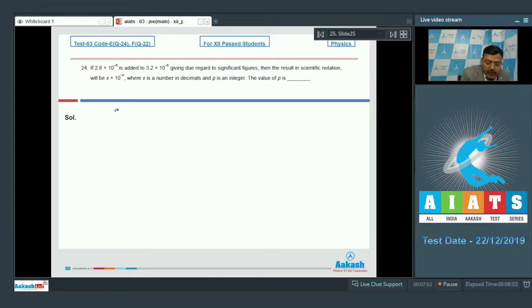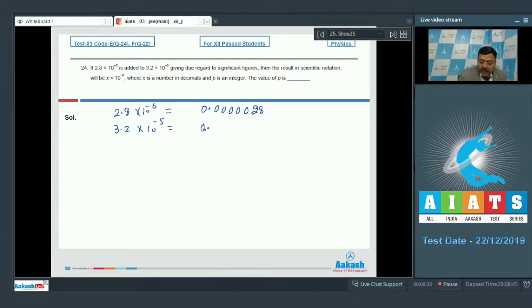So using that, let's convert both the figures in decimals straight away, and if we do that, then we can say that 2.8 into 10 to the power minus 6 is actually equal to 0.0000028. So that means there are 7 digits after the decimal in the first number, and in the second number, which is 3.2 into 10 to the power minus 5, we shall have 1 digit less after the decimal.